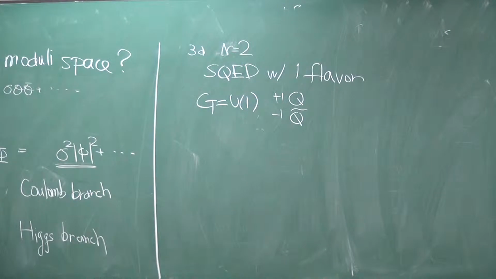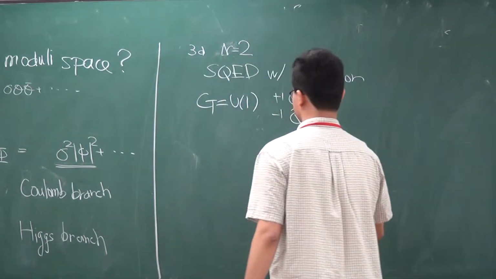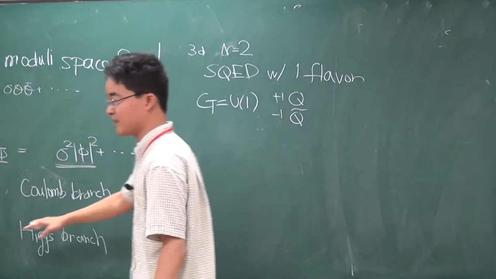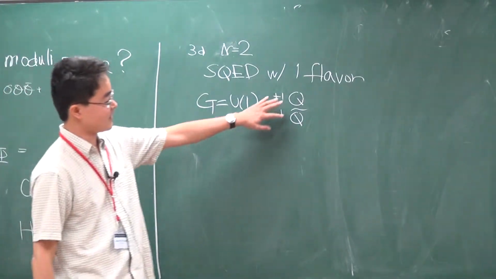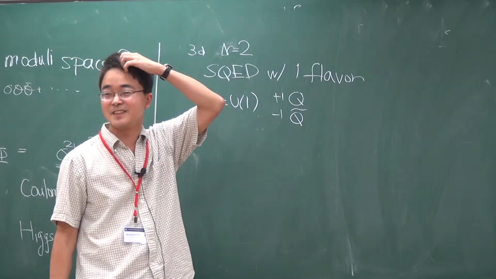First of all, what's the Higgs branch? In the Higgs branch, well, I changed the notation, anyway this Q is the same as this phi. So in the Higgs branch, these are non-zero. Apparently, there are two complex parameters.